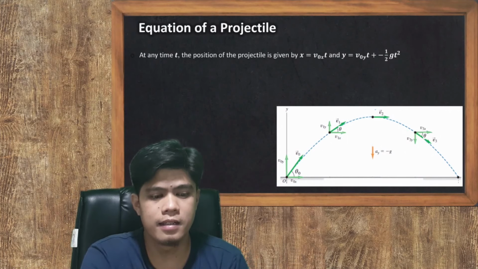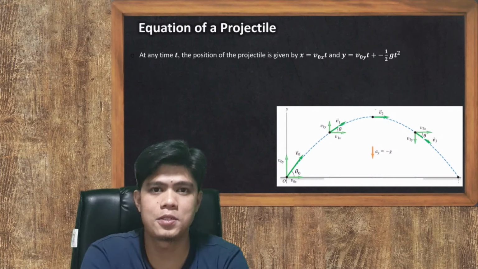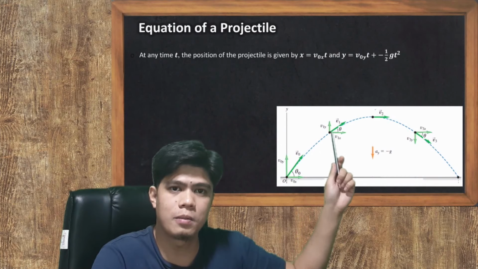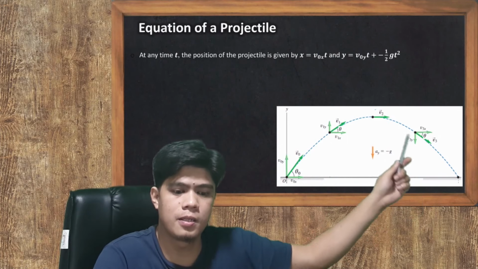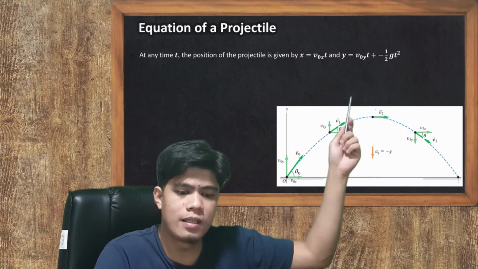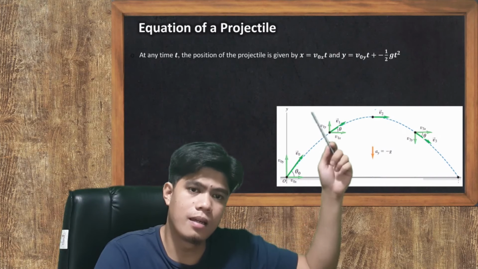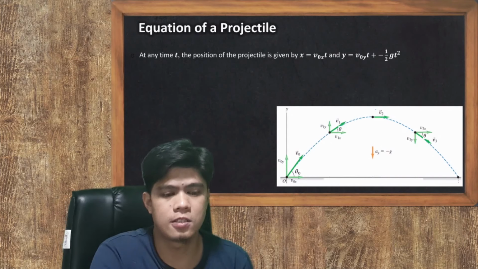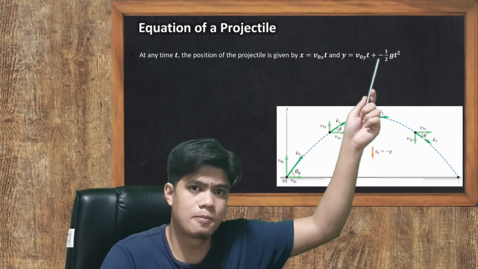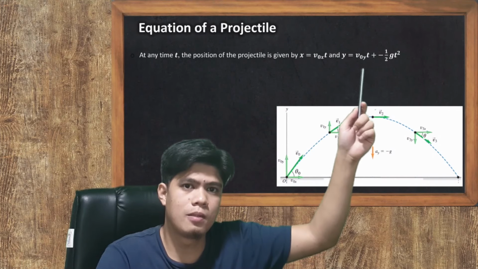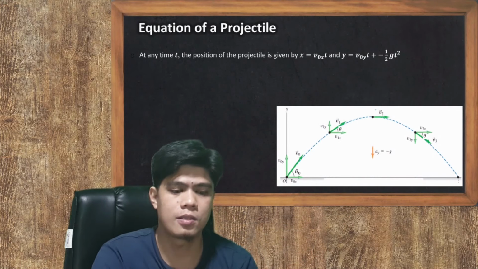So at any given time t, at any x and y position of this trajectory is given by the equation x is equal to v naught x times t and y equals v naught y t minus 1/2 gt squared. Sorry for this plus sign. Although it's the same, it should be negative 1/2 gt squared.